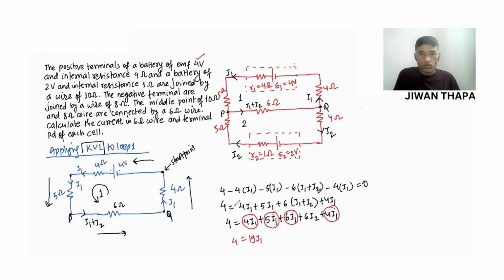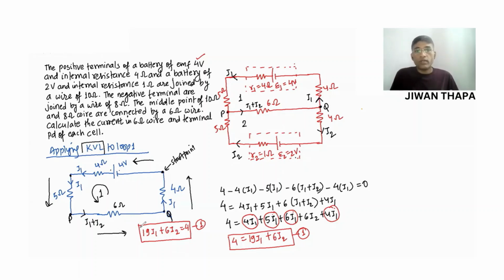So we have 4 over here on the left hand side, plus 6 I2. Let us call it equation 1. So I'm rewriting equation 1 over here: 19 I1 plus 6 I2 equals 4. Let us call it equation 1.